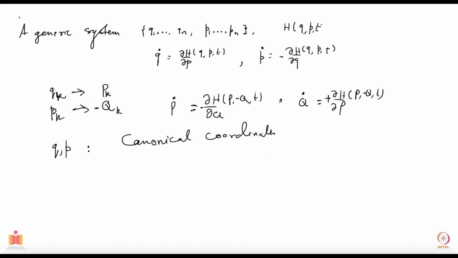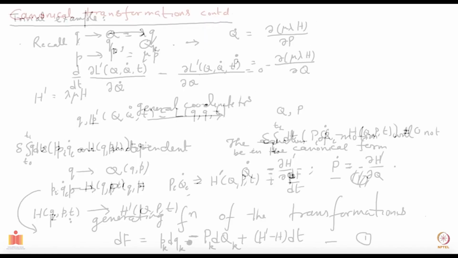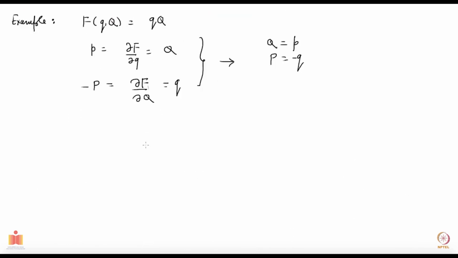What was being called a coordinate and what was being called a momentum were interchanged, and of course there was a relative sign, and that's why we started saying we will always refer to them as canonical coordinates. And you can see what kind of generating function will produce that kind of transformation. If you take the generating function to be a product of small q and capital Q, you just interchange the names of coordinates and momenta, and of course the minus sign will be there. Okay, we'll continue with more on this in the next video.